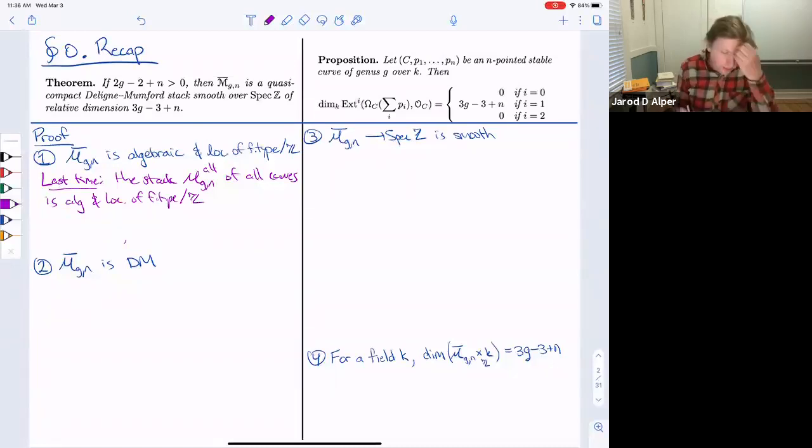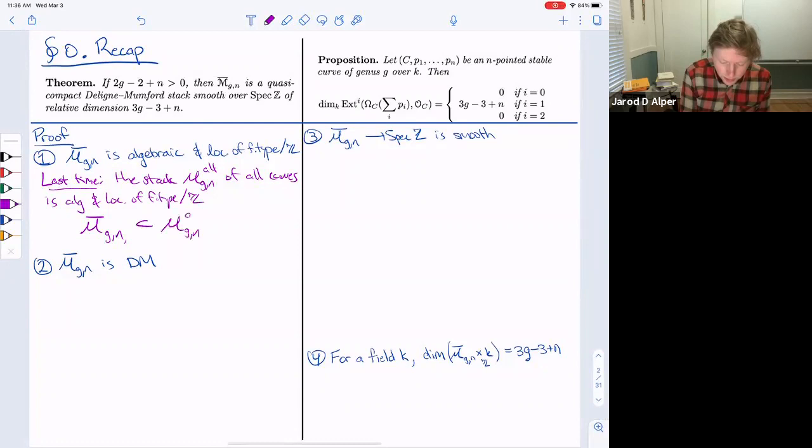Right. And then we also showed that stability was an open condition in families of curves, namely that M_{g,n} bar is an open substack of the stack of all curves. And this allows us then to transfer the algebraicity and the local finite type-ness of the stack of all curves to the stack of stable curves.